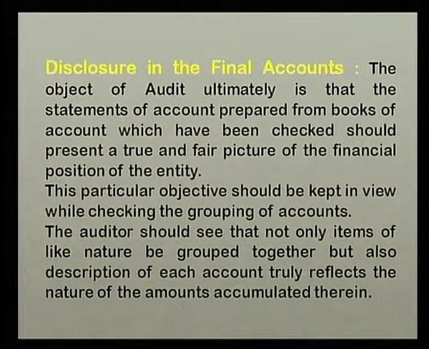Now the final disclosure in the final accounts. The object of audit ultimately is that the statement of account prepared from the books of accounts which have been checked should present a true and fair picture of the financial position of the entity. This particular object should be kept in mind while checking the grouping of accounts.